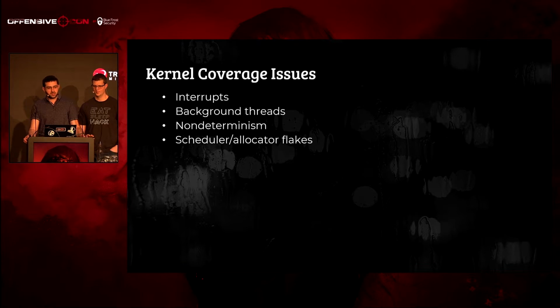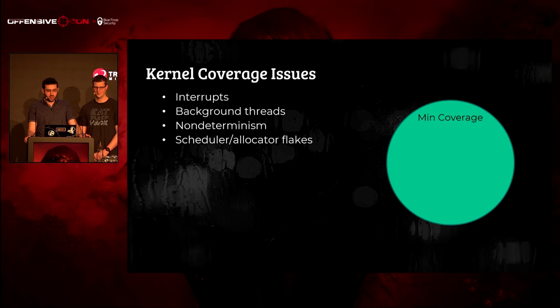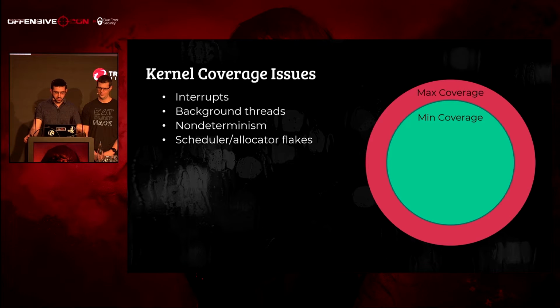To handle coverage flakes, Syscaller employs a coverage mitigation technique. First, it defines two types of coverage. The minimum coverage, which is the coverage trace that is always contained, and the maximum coverage, which is all the coverage that we ever encountered.